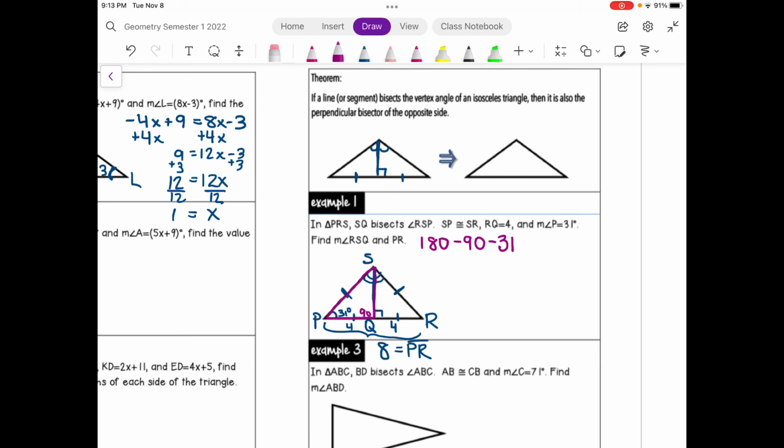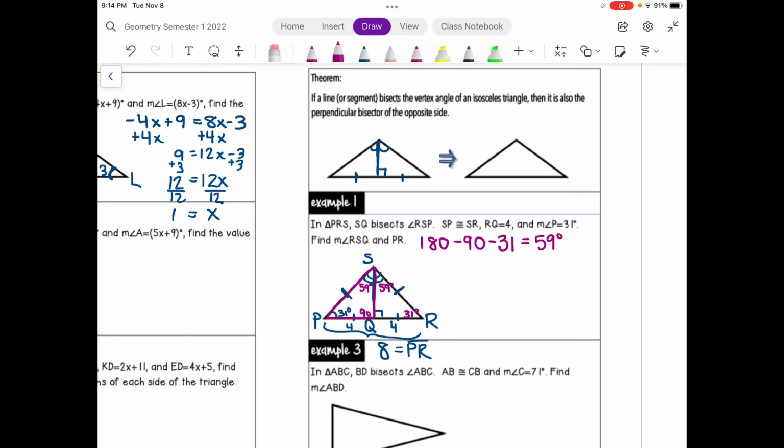Okay, so giving you a second there. Hopefully you got 59. So this one is 59. That also means this one is 59 degrees. Also means this one is 31 degrees. So now we have found all the angles and part of the sides.